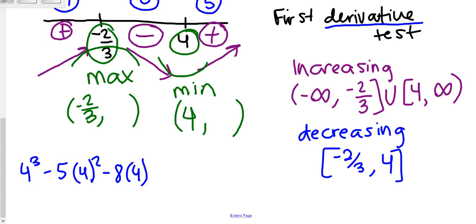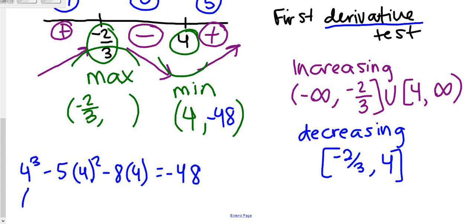Plugging this into the original equation now to find our y values. Okay, so when you add all this up, you will get a negative 48. So that is our maximum value. Oh, minimum value. Put that in the wrong spot. That goes over here. Negative 48 is our minimum y value.